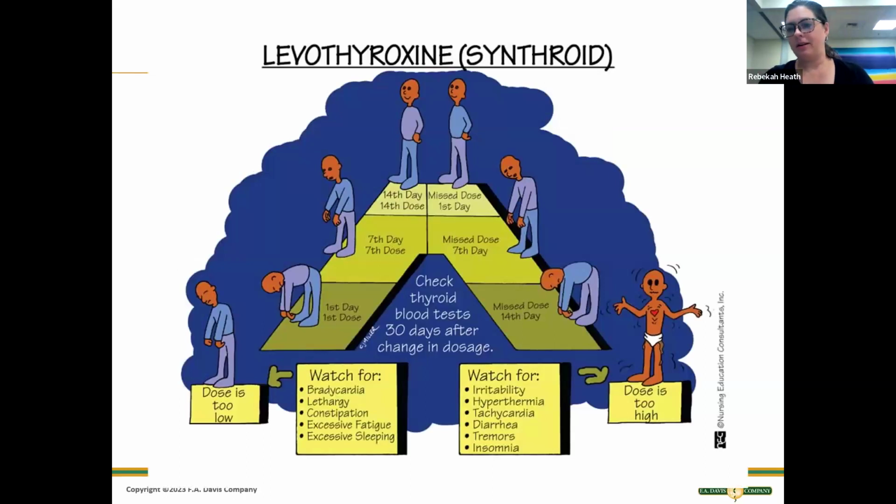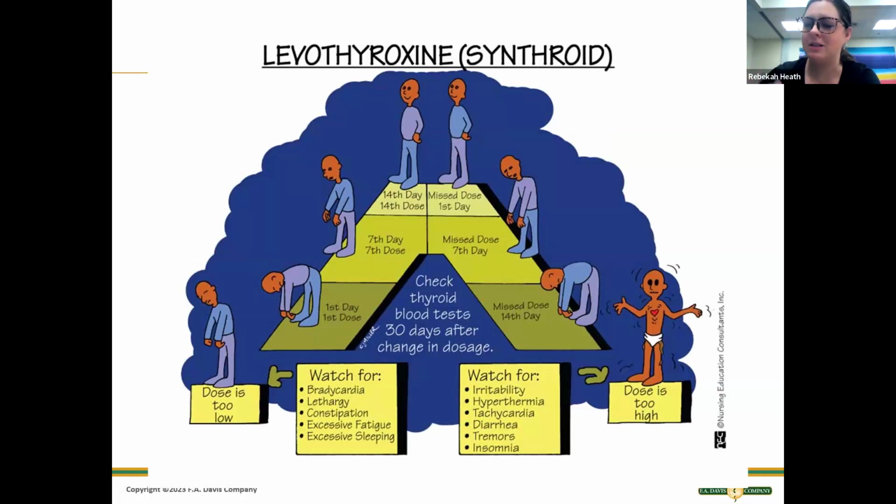Here's another thing I like to touch base about when we're talking about thyroid issues. Synthroid, you can see there's this little ladder where over here, this guy on the left side, his first day, he does not feel good, right? It's his first dose. We get up to the seventh day, seventh dose, he's starting to feel okay, right?